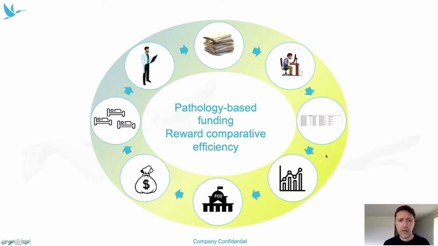Those are grouped together and put into statistics and then sent to the government. The government compares the statistics of the different hospitals, and based on that comparison, decides on the funding or part of the funding, which results in more or fewer beds for the hospital.